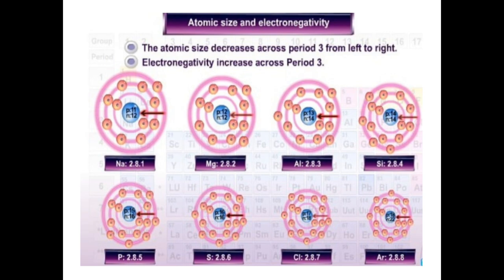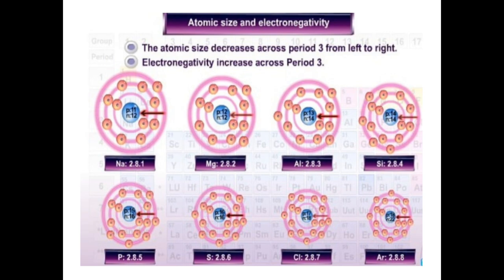That means the interaction between the nucleus and the electrons will increase. The nuclear attraction will increase, and then the electrons are pulled closer towards the nucleus. So because of this nuclear attraction, the size of the atom will begin to decrease. That means that there will be shrinking of the shell due to the high nuclear charge.